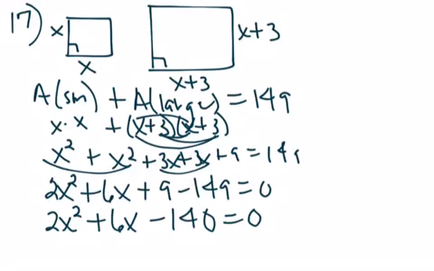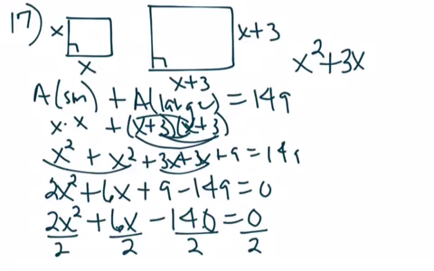You can do AC factoring with this as written, but if you notice, 2, 6, and 140 are all even, so we can divide everything by 2 and have an equation with smaller numbers for us to work with. So let's do that, and that gives us x squared plus 3x minus 70 equals 0.